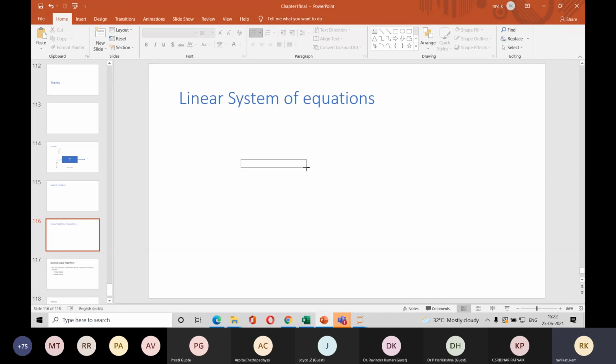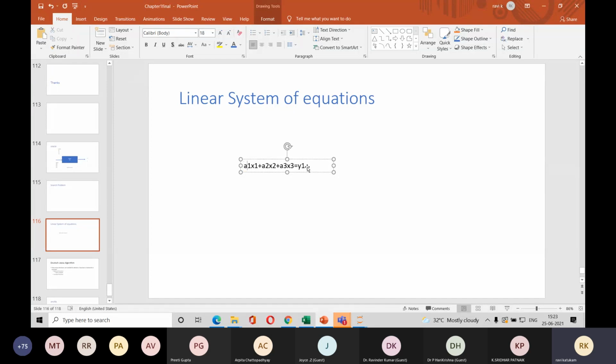There is a function, maybe represented by a1 x1 plus a2 x2 plus a3 x3, that is equal to y1. This is small a.